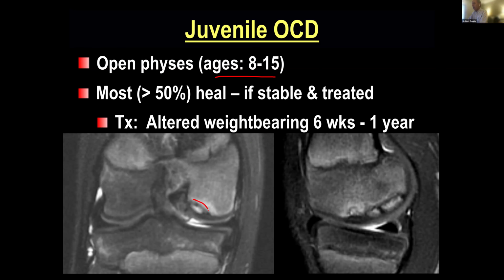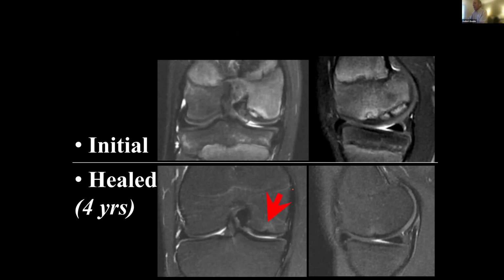But here is that osteochondral lesion with bone edema on both sides. And then 4 years later, the juvenile osteochondral lesion has healed. You can see there's no residual bone marrow edema to speak of, or any residual linear low signal. You can barely see the residua of the abnormality. It's well healed, and the overlying cartilage is looking great.